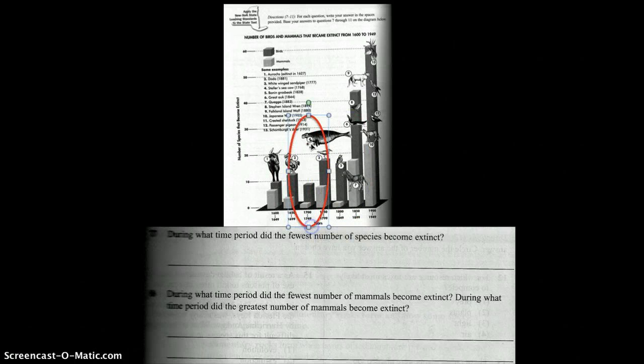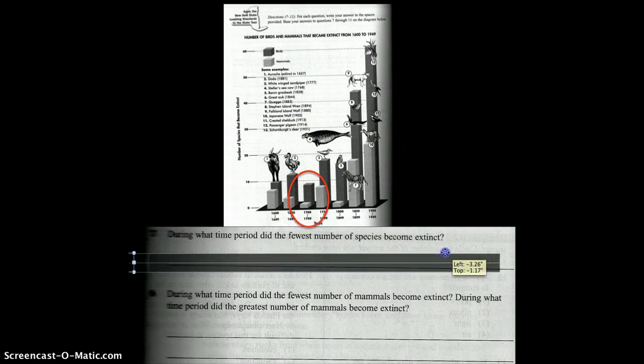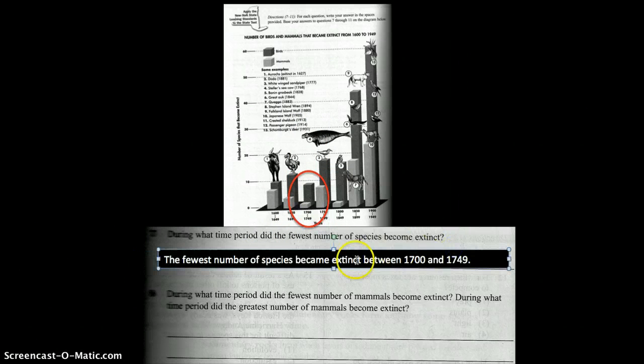So I'm talking about right here. So this one looks like the fewest overall. And I would have written it like so. The fewest number of species that became extinct was between 1700 and 1749. There we go.